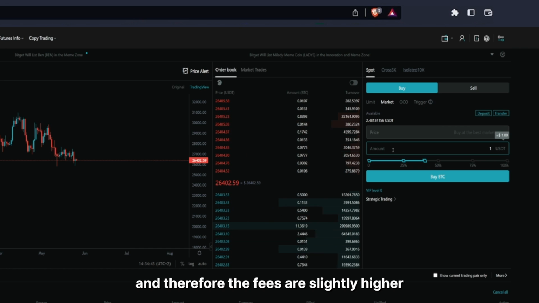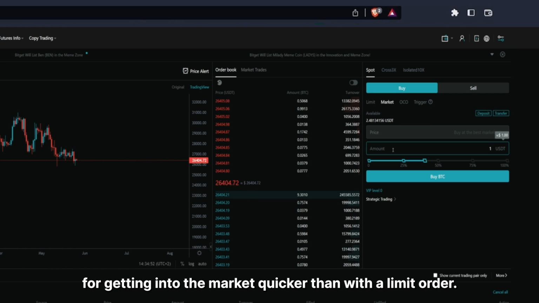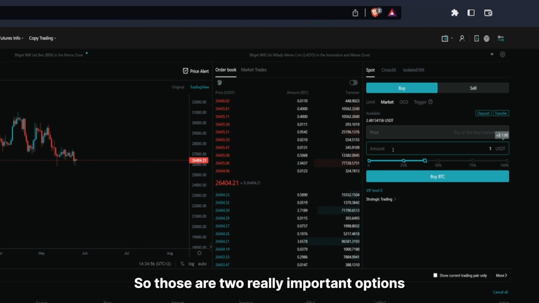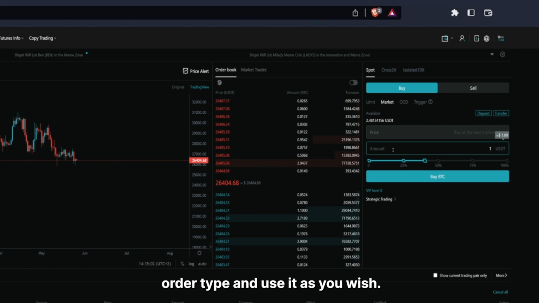And therefore the fees are slightly higher than a limit order in exchange for getting into the market quicker. So those are two really important options that you need to take into consideration. There are pros and cons to each order type, and use it as you wish.